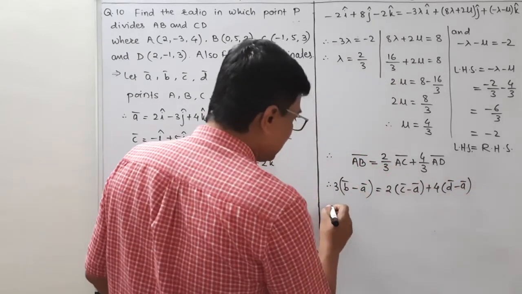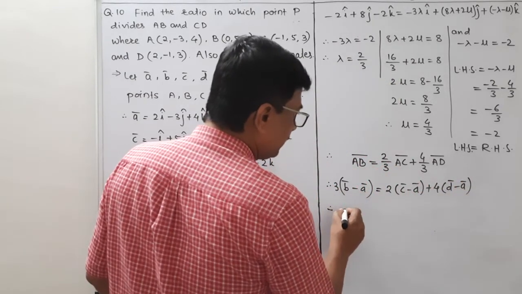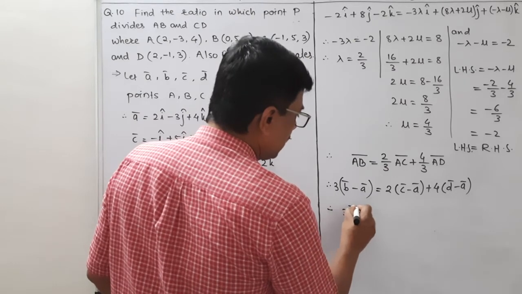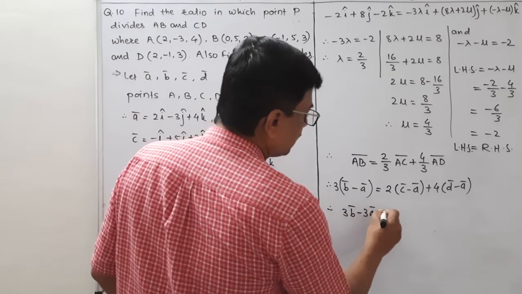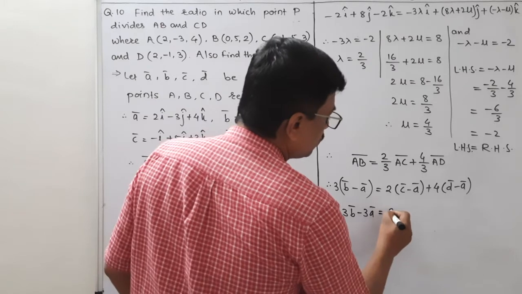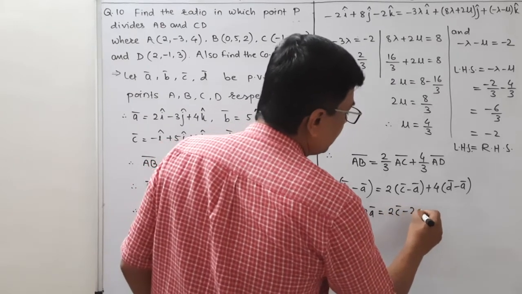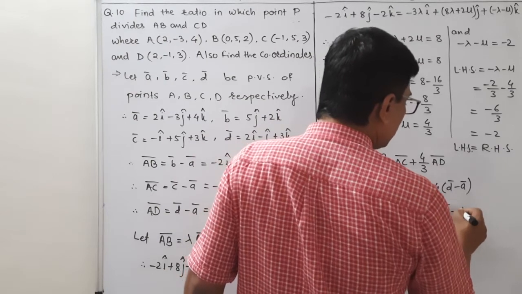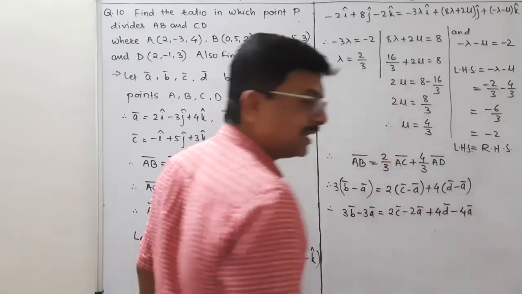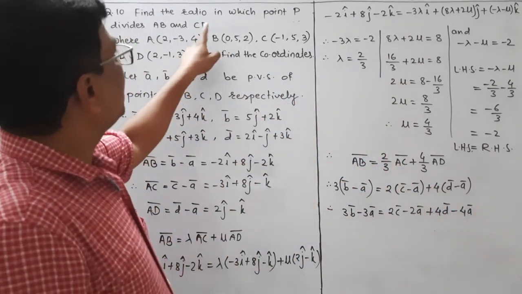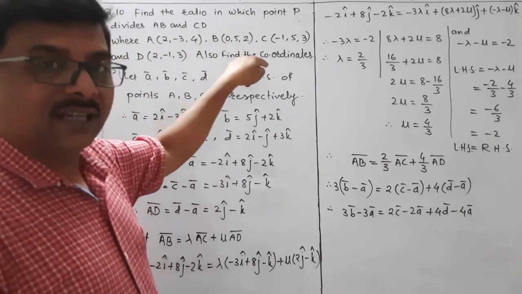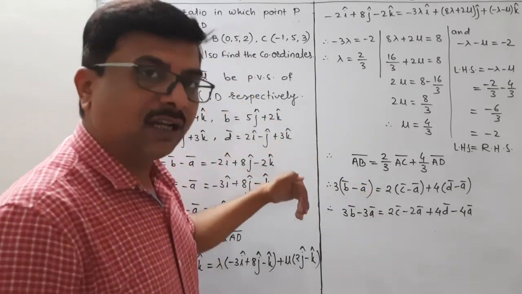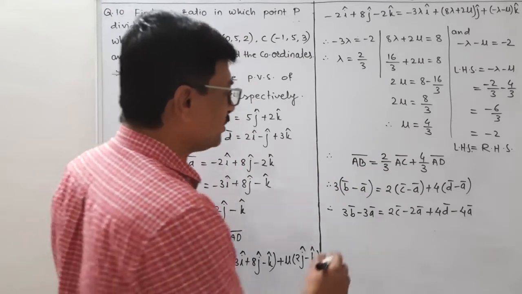मल्टीप्लाई करो तो आएगा 3B वेक्टर minus 3A vector is equal to 2C vector minus 2A vector plus 4D vector minus 4A vector. अब देखिए जैसे कि हमें AB एंड CD इंटरसेक्ट ईच अदर, तो AB को एक साइड में ले लो और C एंड D को एक साइड में ले लो.